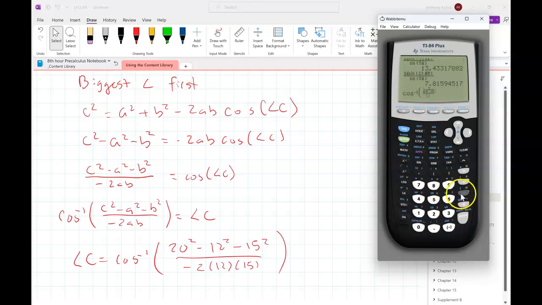You're going to mess up the order of operations at some point on your calculator. Just type it in the way it looks like on our sheet of paper, and everything should go pretty good. Be careful not to forget your negative sign when you divide over the minus 2ab. So I get 94.94.